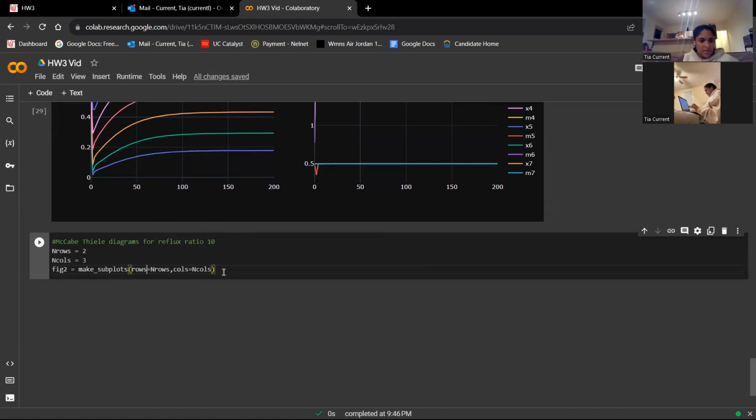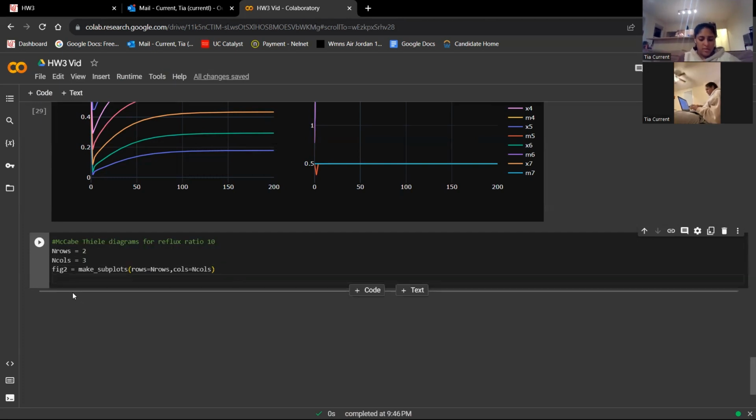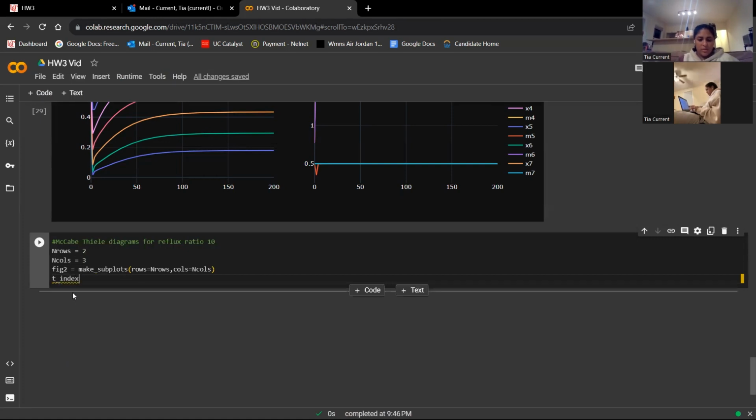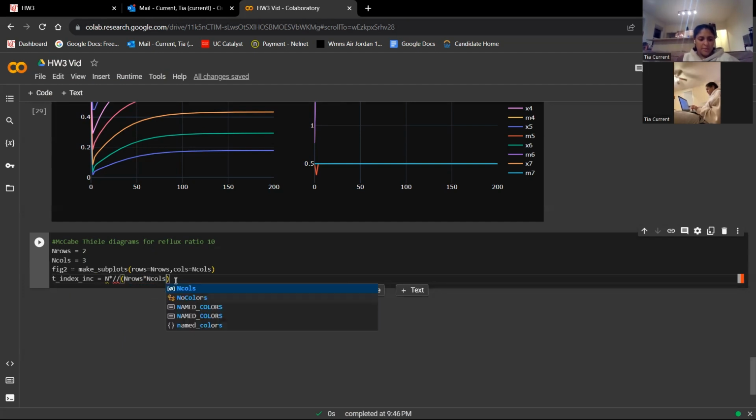And I forgot to add an s to rows. Rows, okay. And then next is n_times over n_cols.